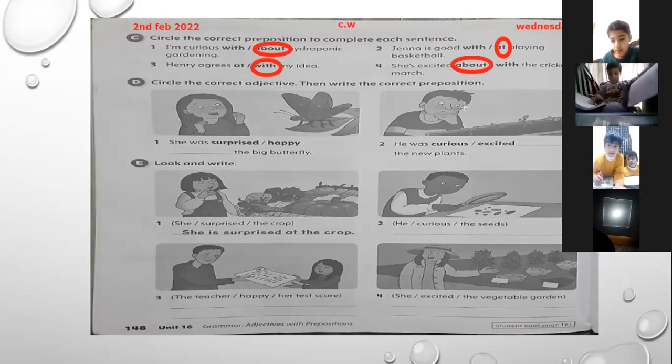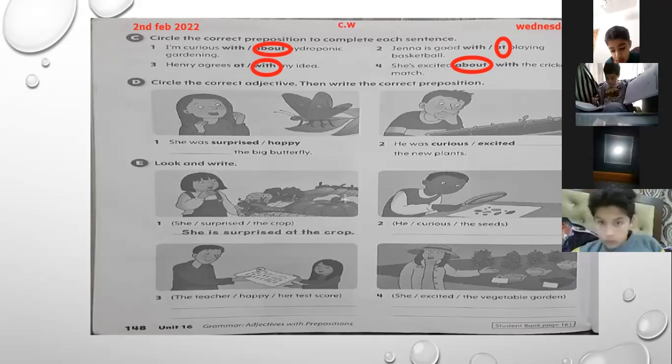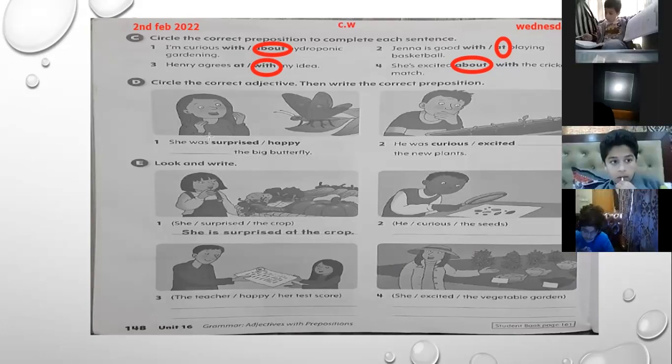Ma'am, happy. Are you sure she looks happy or she looks surprised? I don't think so. Surprised. Yes, it's surprised. She was surprised. First of all, please circle surprised. So she was surprised, dash the big butterfly.